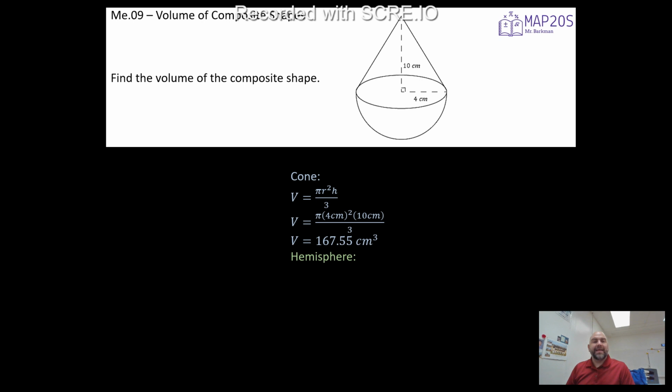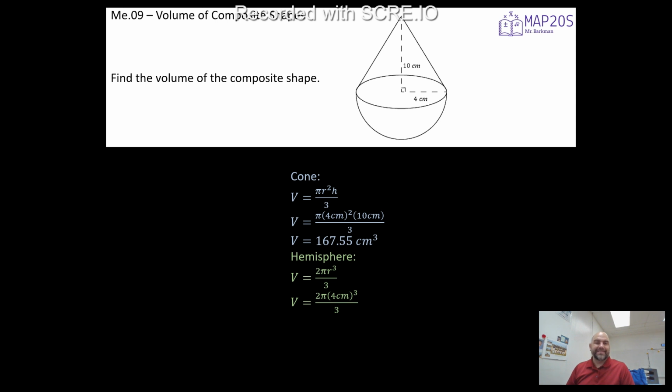Now, the hemisphere is a half ball or a half sphere, and so we're going to use our hemisphere formula. You'll notice that I've taken the sphere formula, 4 pi r cubed divided by 3, and I've just divided it by 2. So we put that together, and now we have a volume formula for our hemisphere. Plug the radius in.